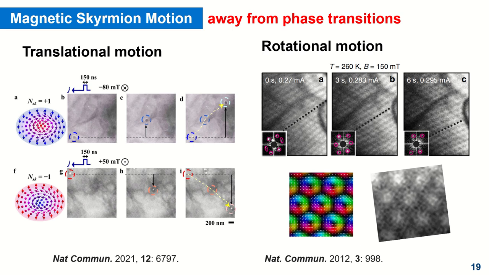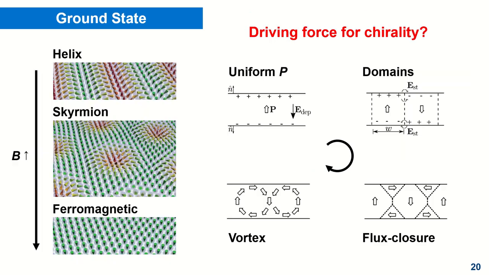This is quite different from the manipulation paradigm for magnetic materials, which is away from the phase transition. Take skyrmions again, for instance. When a single skyrmion is generated, it can be moved by current. And if a skyrmion lattice is generated throughout the material, a current may even generate their collective rotation. So in both cases, these topological objects are simply moved, not destroyed and then regenerated by a reversible phase transition.